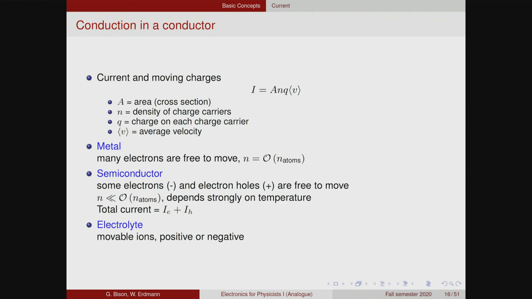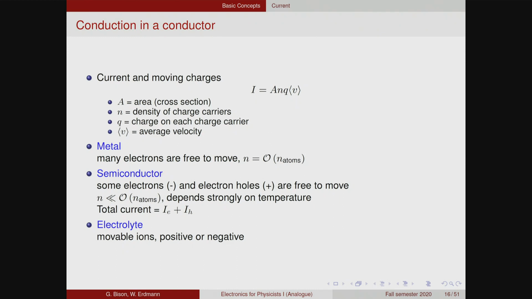Now with this, we can have a look at how charge moves through a conductor. So the defining equation is given here. The current is proportional to the area, to the density of the charges, the charge per charge carrier, and the average velocity of those charges.